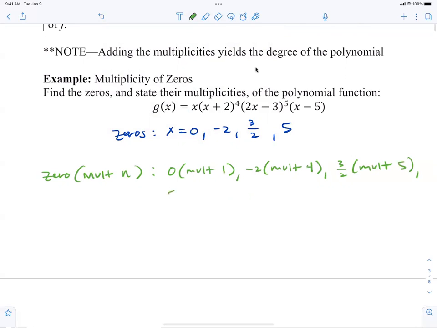And then 5 will be mult 1. And the degree of the polynomial, if you add all those multiplicities together, 1 plus 4 plus 5 plus 1, this is an 11th degree polynomial. That's crazy.